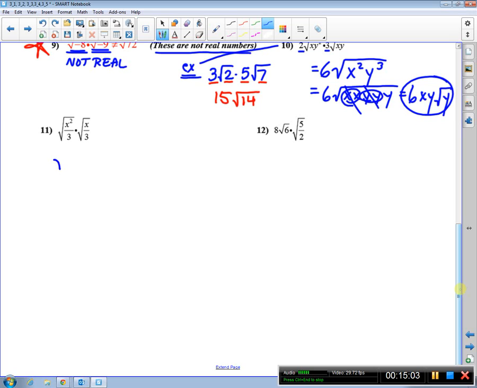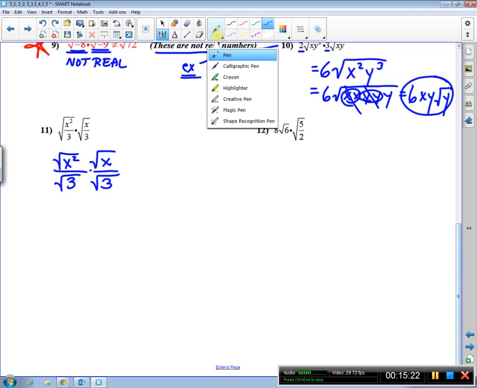The square root of a fraction can be split up. So let's split each of these up and see what we should do. And step back from the problem every now and then, because I see some really nice things here.